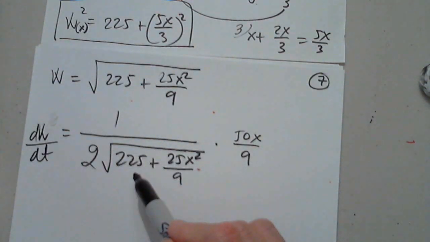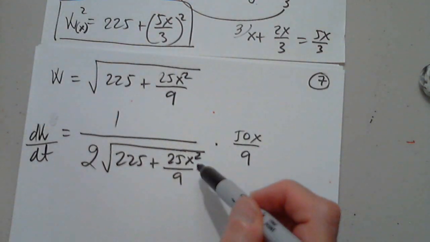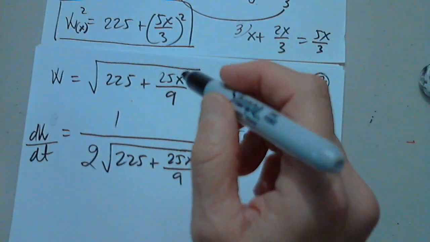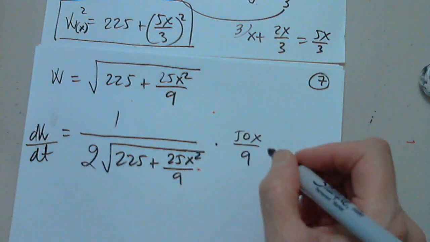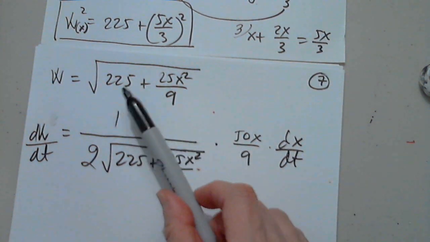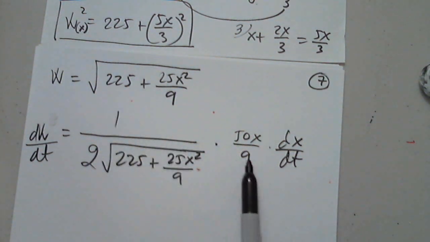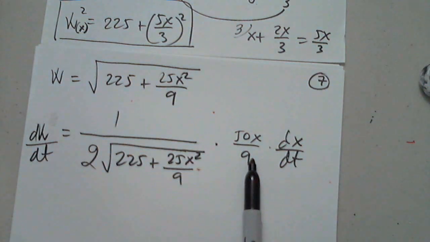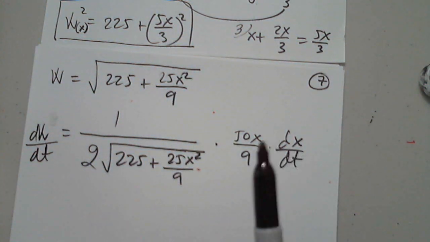So it's 1 over 2, the square root of 225 plus 25x squared over 9, yes, times the inner function prime, 50x over 9 times dx over dt. Okay. So 1 over 2, the square root times the inner function prime, which is bring down 2, 50x over 9 times the inner function prime, dx over dt.